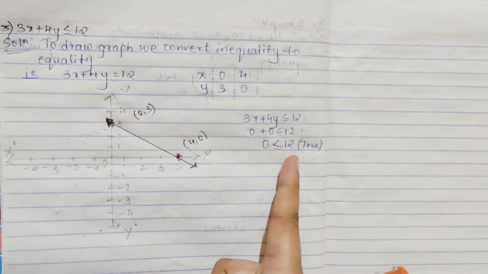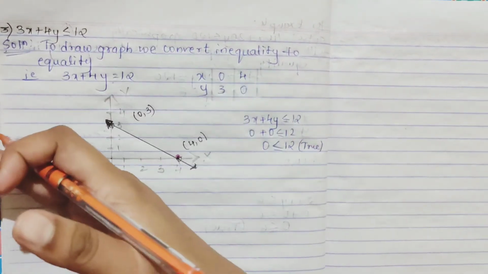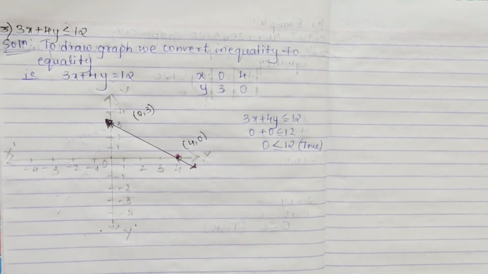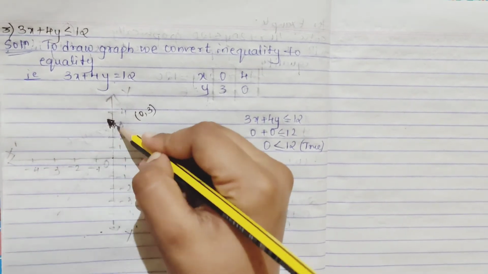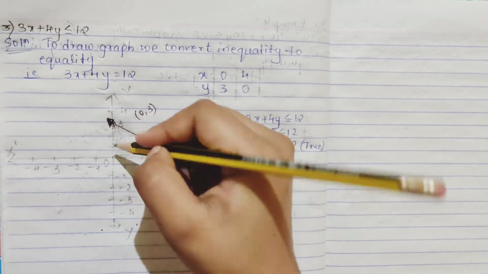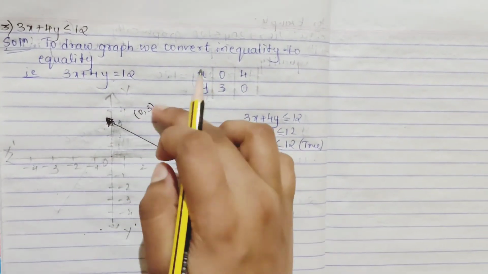If it is true, then wherever your 0, 0 is lying, on this side of the line, you have to shade this side. It's the lower half plane; you have to shade this section only. Again you will come with this section. If it is false, it is the opposite of this, right? Opposite of this means the other side.